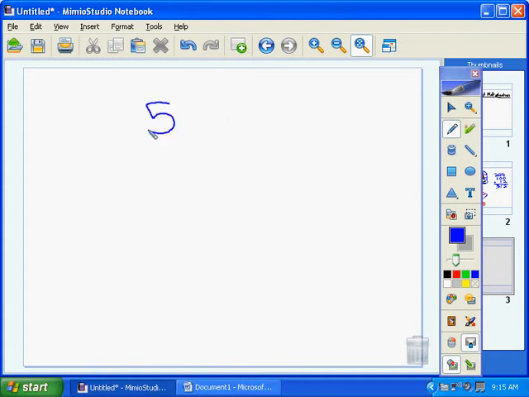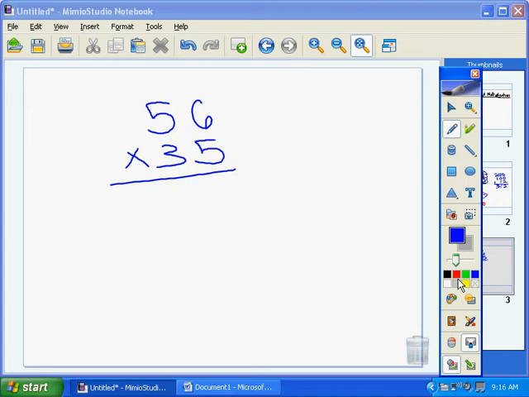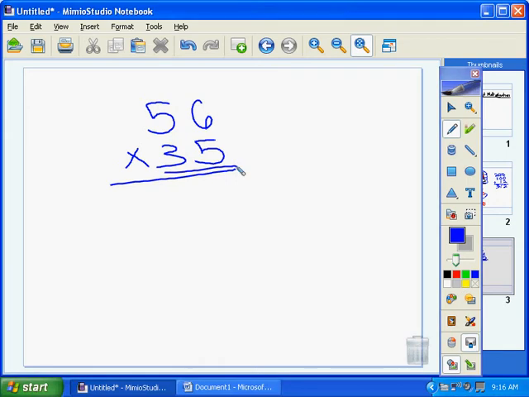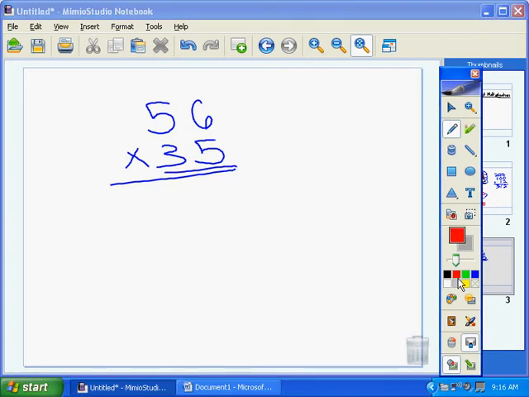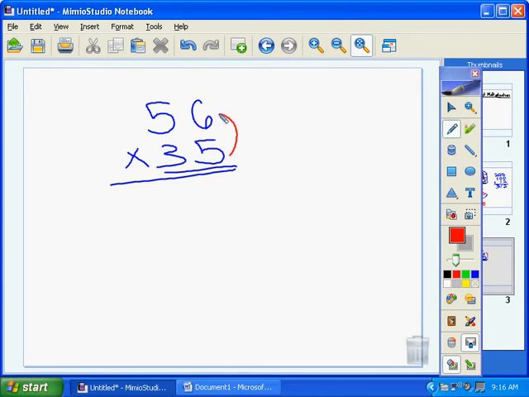So let's try 56 times 35. So again, I'm going to be multiplying my base number, 35, by both numbers up top. So 5 times 6 and 5 times 50.